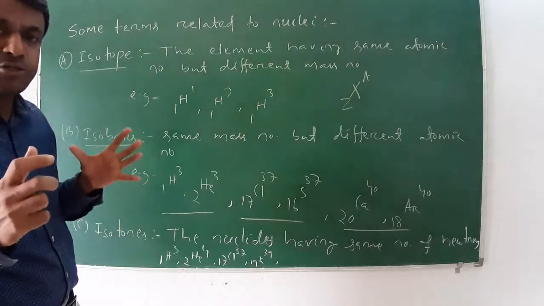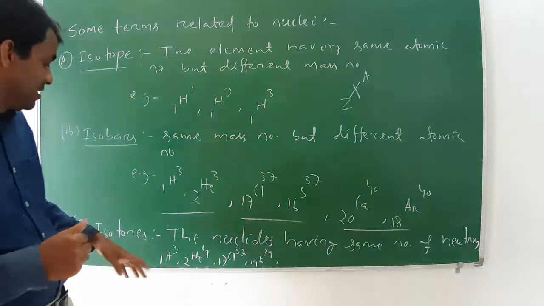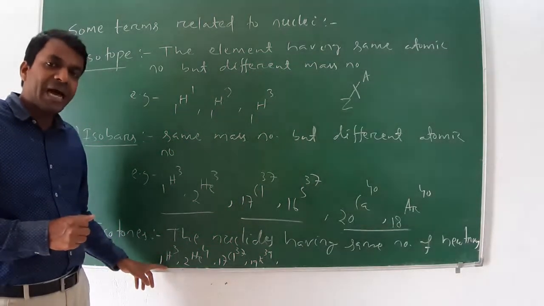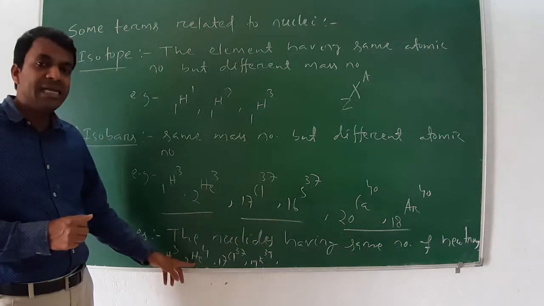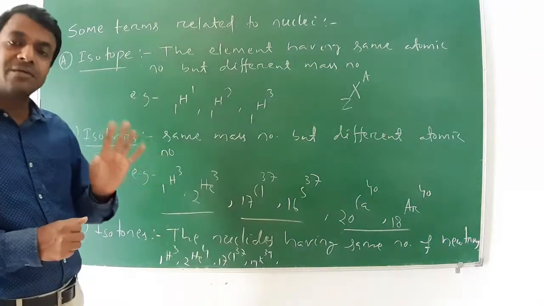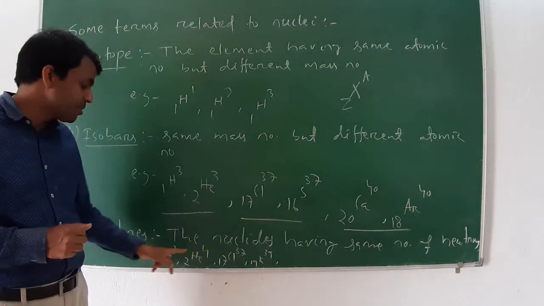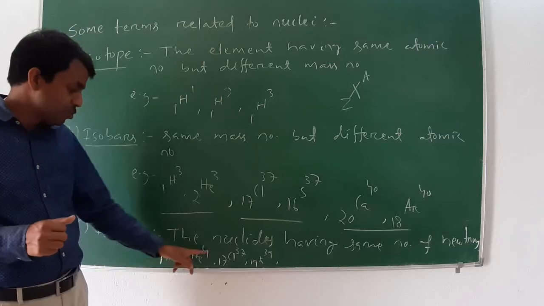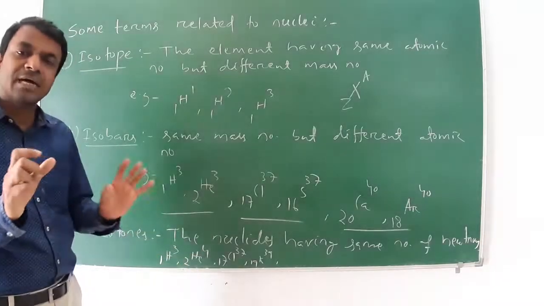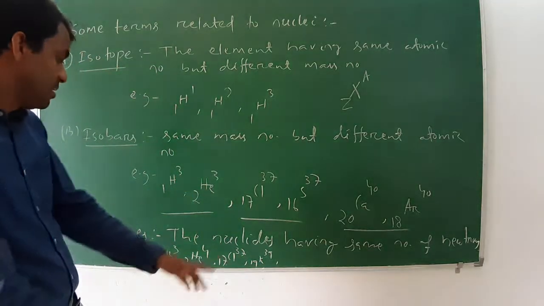The number of neutrons must be the same, meaning A minus Z is the same. 1H3 and 2He4 are 2 isotones. Why? Because they have the same number of neutrons: 3 minus 1 is 2, 4 minus 2 is 2, both having 2 neutrons.